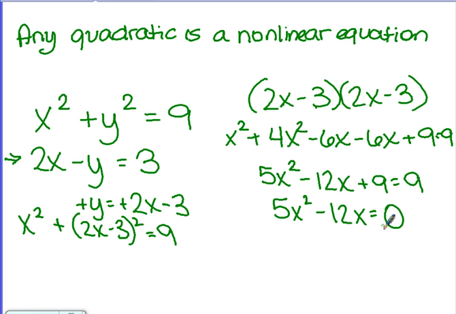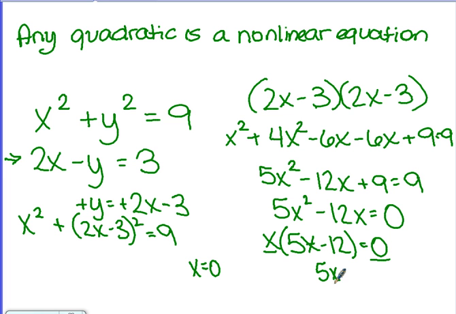I'm going to factor an x out. So I get x times (5x minus 12). One of my solutions is x equals 0. And if I set 5x minus 12 equal to 0, I get x equals 12 fifths.